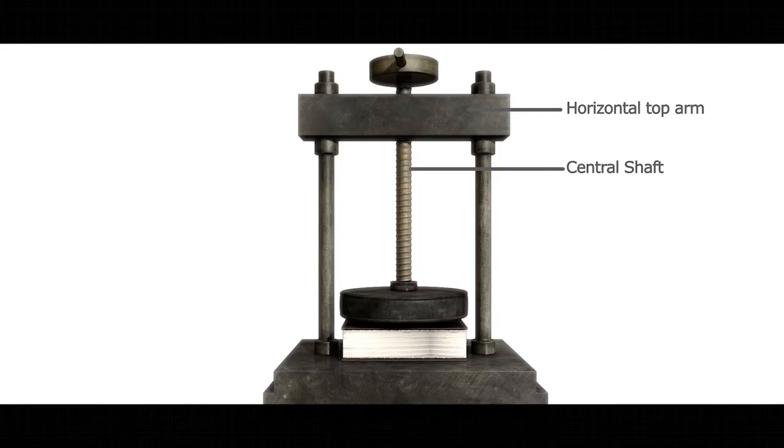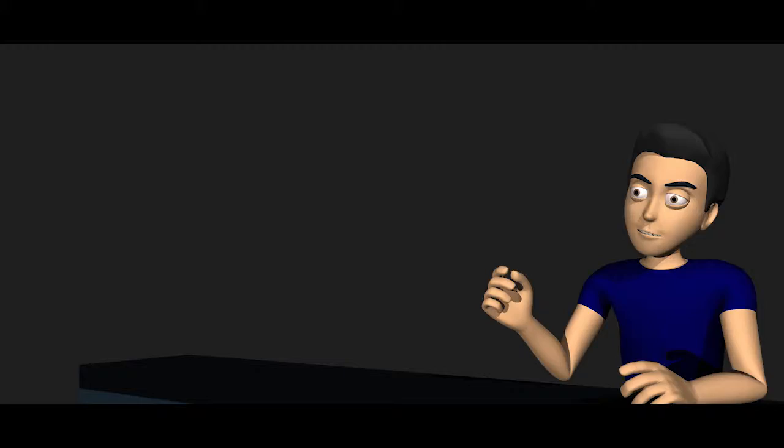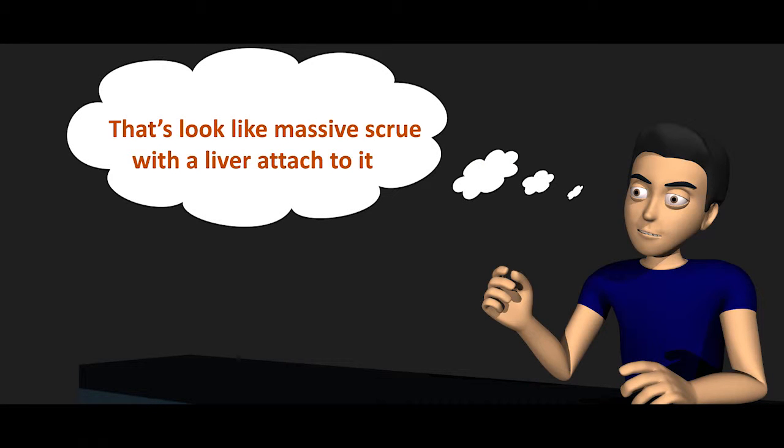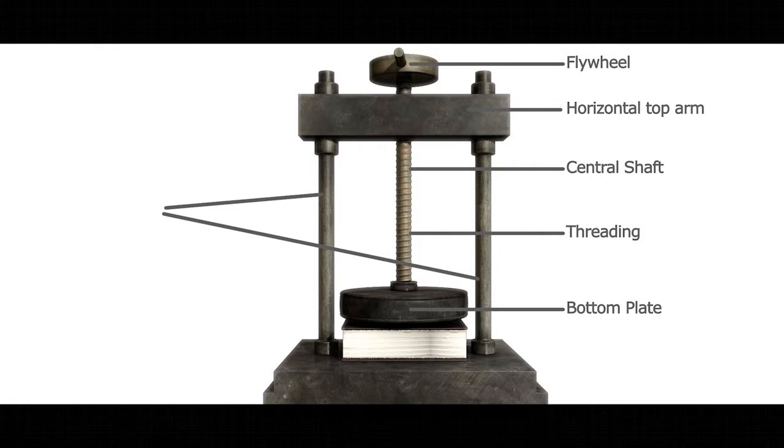The shaft has a flywheel, then some screw threading, then a bottom plate. It looks like a massive screw with a lever attached to it. We have 2 vertical legs to support the top arm. The plate below the central shaft will have the material to be compressed beneath it. Then you have a base of the whole system, to which the 2 vertical legs are connected.